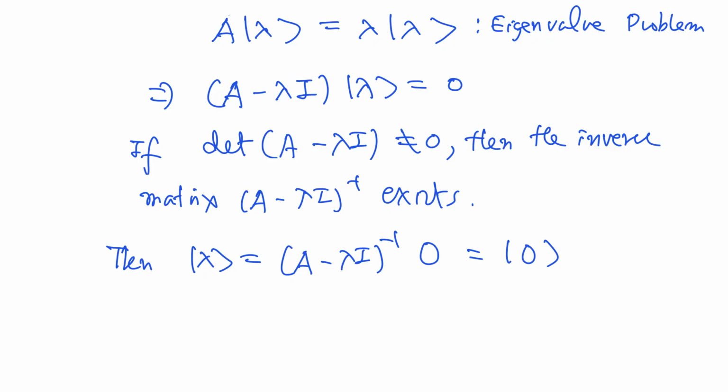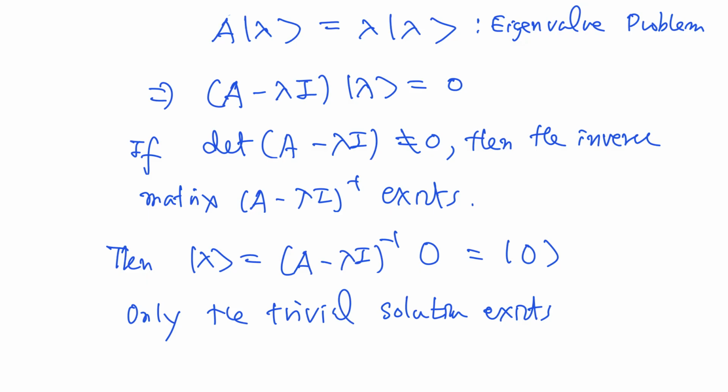So when the determinant of A − λI is non-zero, we have only the trivial solution. The trivial solution exists.